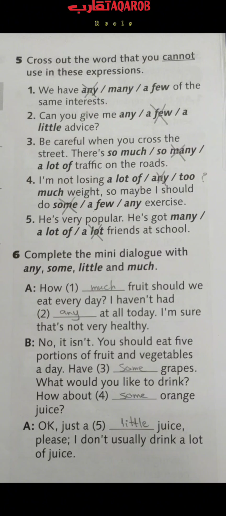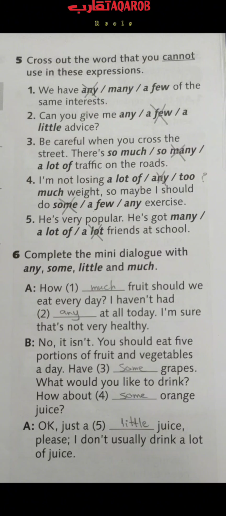I haven't had any at all today. Why did we use any here? Because this is a negative sentence, so we use any. I'm sure that's not very healthy. So number 1, much. Number 2, any.